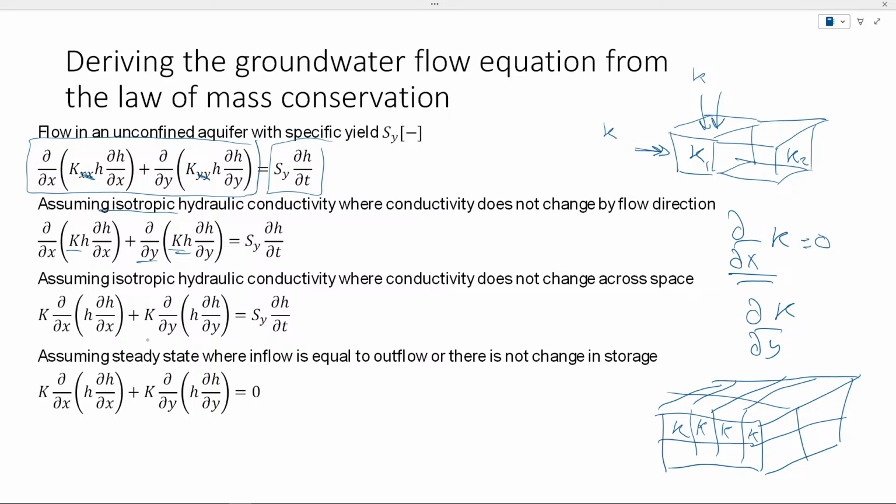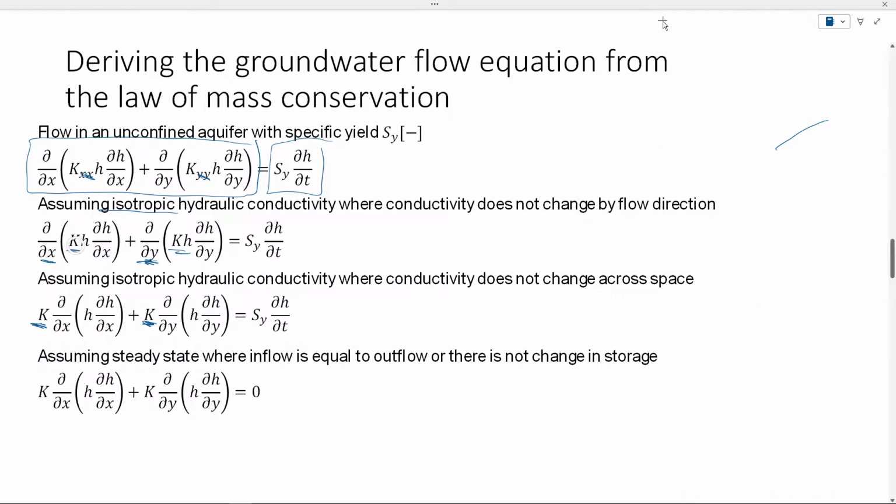Which means that I can just get this guy out, because it's no longer changing with Y and no longer changing with X. So for homogeneous conductivity, where conductivity does not change across space, I can get this K out. Now you see what you are learning here is how to read and interpret these equations. When you see K here, what does this mean?